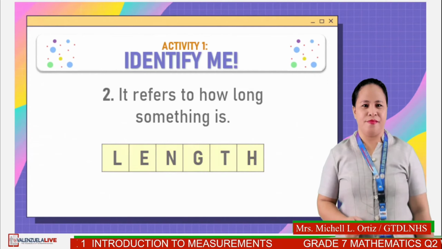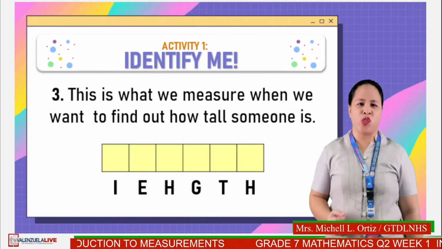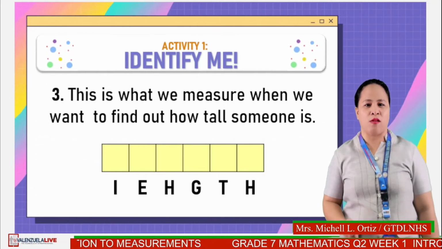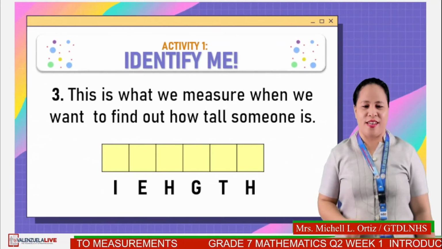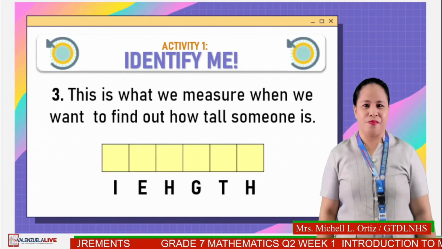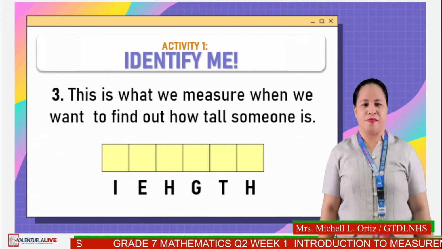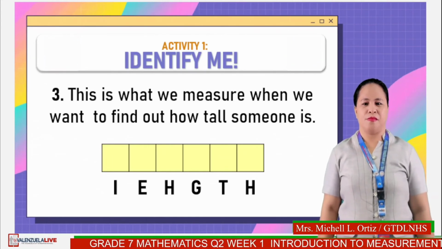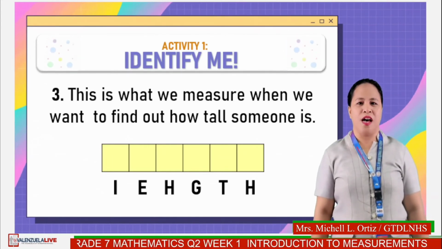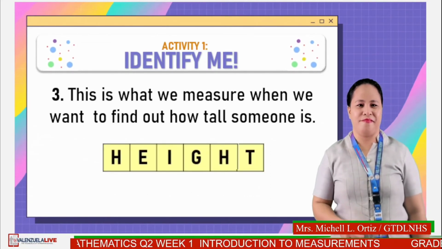Number 3. This is what we measure when we want to find out how tall someone is. 5 seconds, go! Time's up. The correct answer is height.